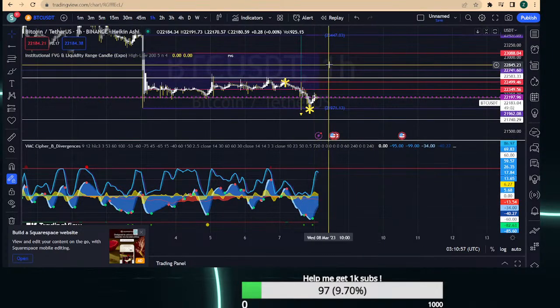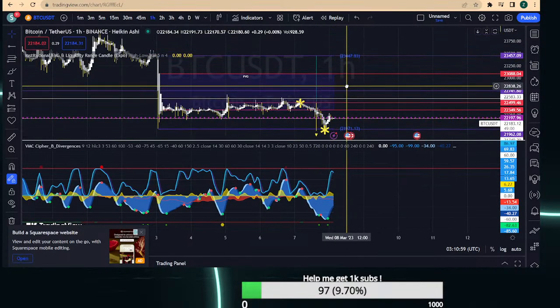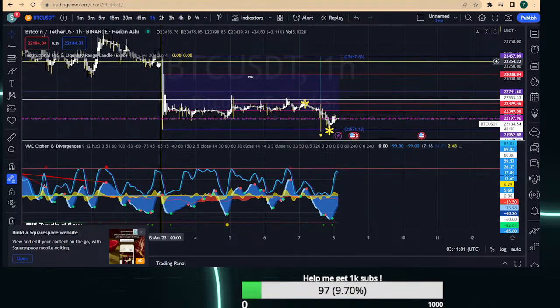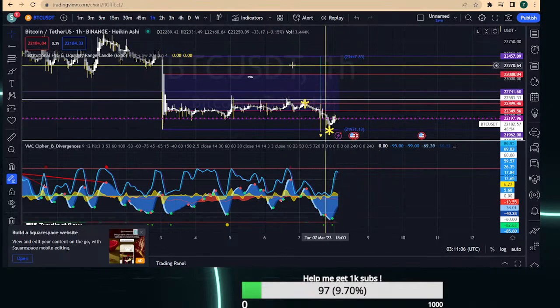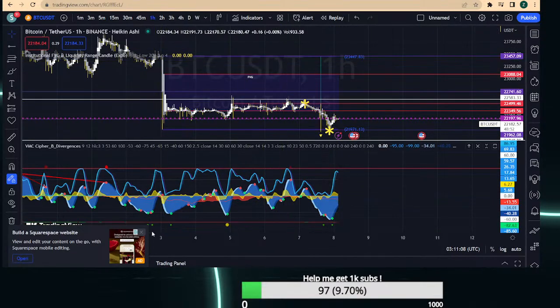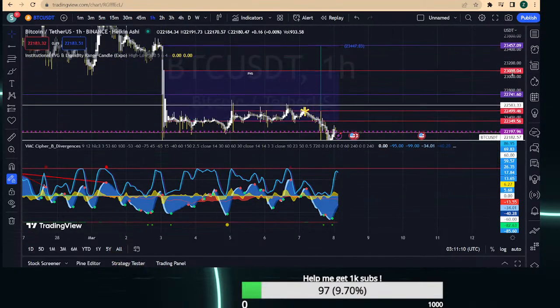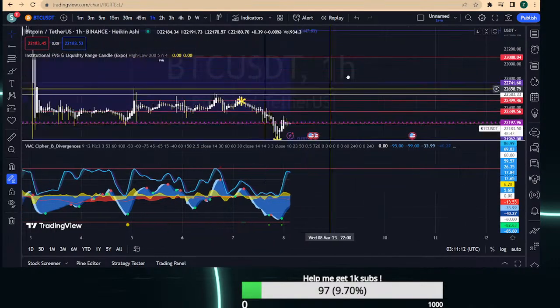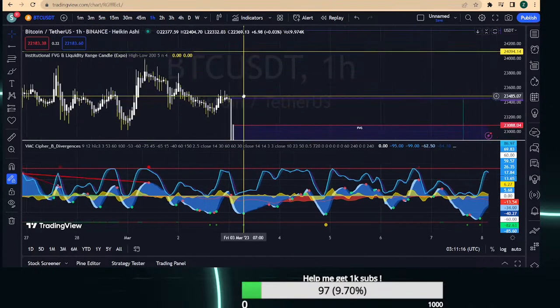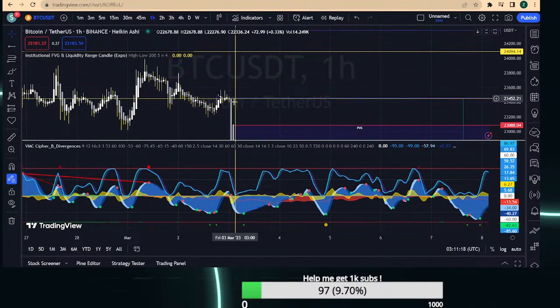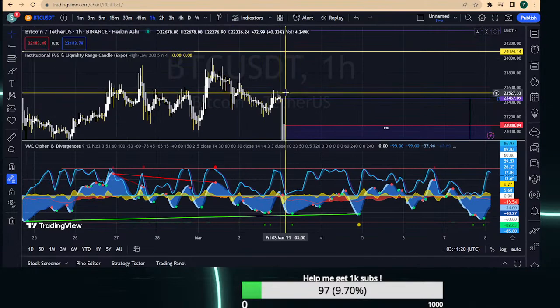Smart money, big money, institutions know where the liquidity is, and they're going to make the price move. And that's what a lot of these indicators are based off of. It's not rocket science. It's just a matter of actually understanding it and being able to not necessarily time it, because that's kind of hard, but just charting.